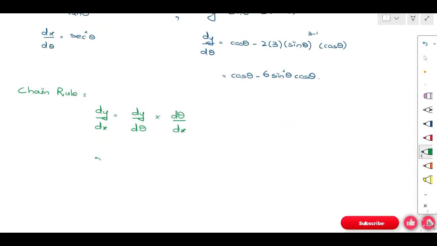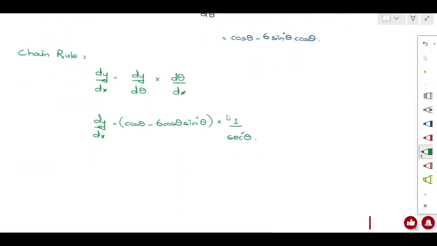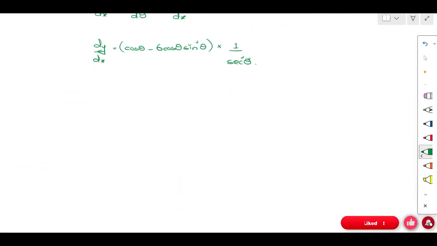So here dy over dx is equal to dy over d theta, which is cos theta minus 6 cos theta sine square theta, multiplied by d theta over dx, which would be 1 over secant square theta, right? Everything should be in cos, right? We know that the reciprocal of secant is cos theta.